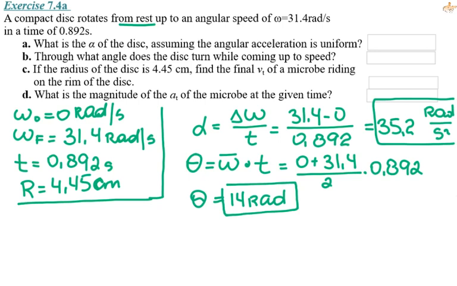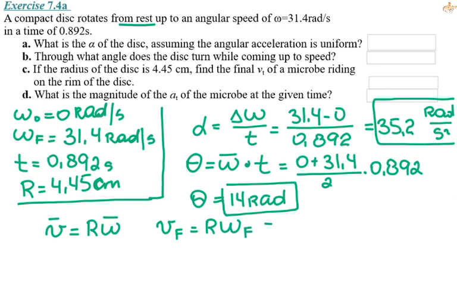So I know that the linear velocity is equal to r times angular velocity, so I can say final linear velocity is equal to r times final angular velocity.